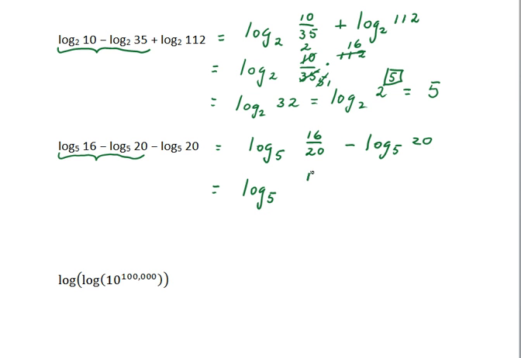So 16 divided by 20, all divided by 20, which I'm going to write as 20 over 1, which will give log base 5 of 16 over 20 times 1 over 20.